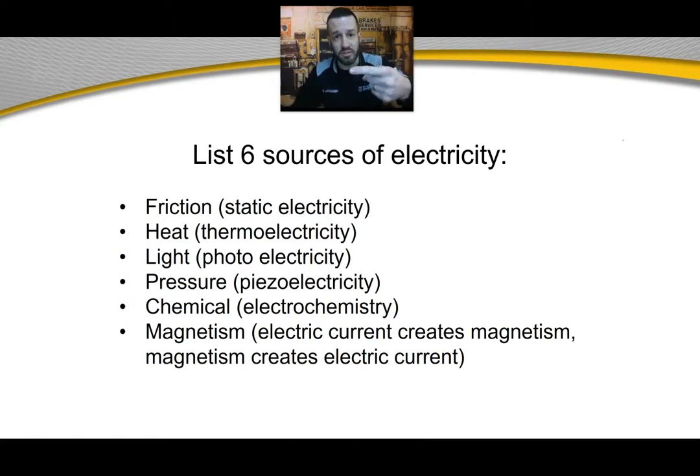The valence electrons are nice and loose. Doesn't take much to push them over the edge. If I take a magnet and I pass that over the conductor, the magnetic field of that magnet causes the electrons to shake up and creates electric current.